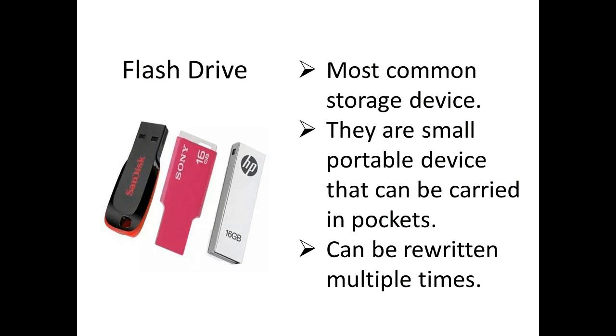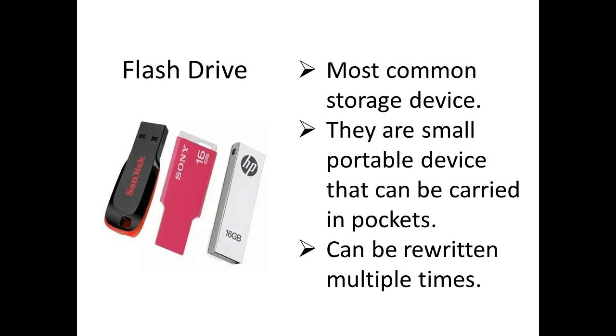This is the most commonly used storage device. They are small portable devices that can be carried in pockets. They can be rewritten multiple times. You all are familiar with this one because we are always using it to load your games, films, etc. It has a casing that safeguards the printed circuit board of the flash drive.